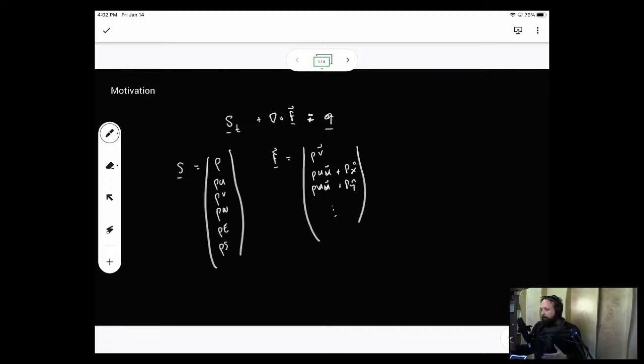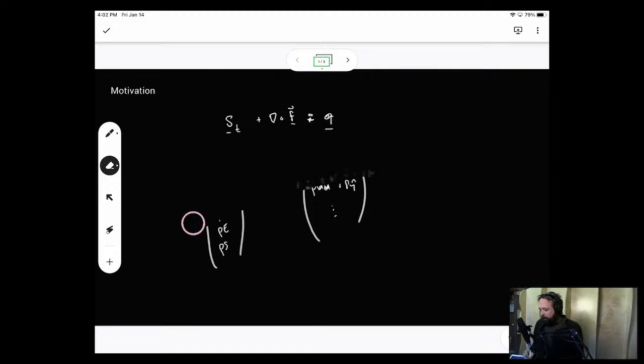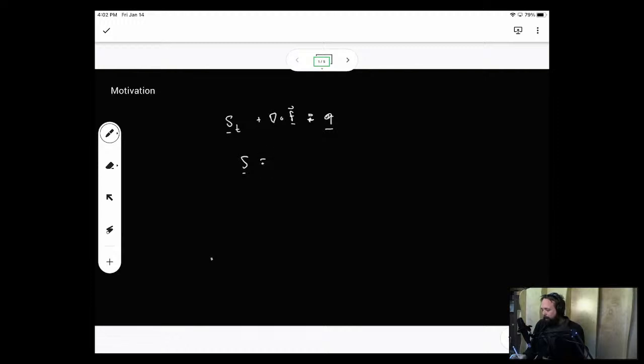And of course, you could also have other source terms in there. If you have viscous fluxes or chemistry types of things going on, other physics, you could represent those in Q. You could also do simple things, like what we're working on now, the advection equation, where S might just be the concentration of a scalar, a bit of tracer that's moving around in a fluid. We can call that C, for example.